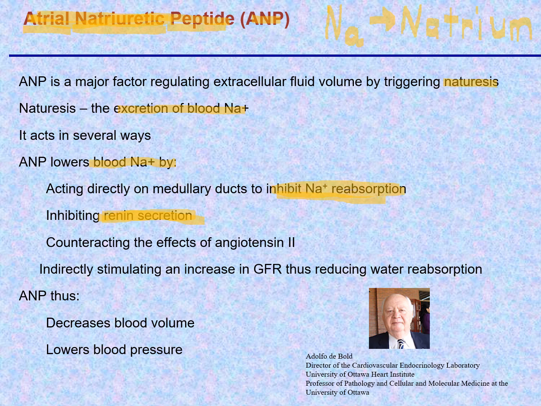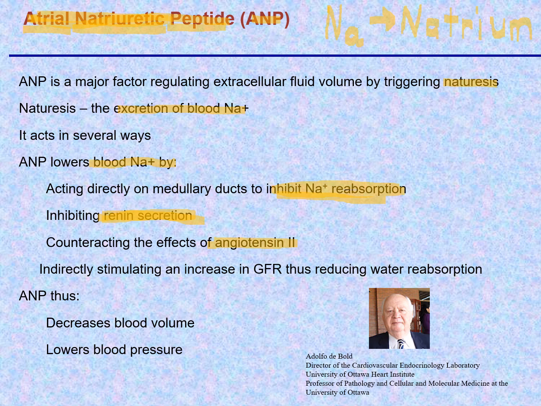It counteracts, in fact, all of the effects of angiotensin 2. So it inhibits sodium reabsorption, more sodium goes out of the tubules in the form of urine, inhibits renin secretion, and therefore lowers blood sodium that way, and counteracts the effects of angiotensin 2.